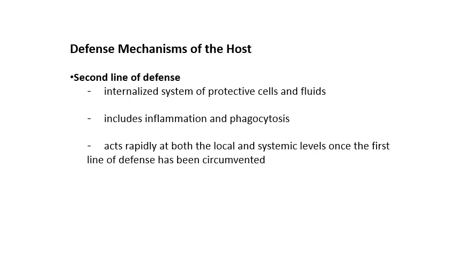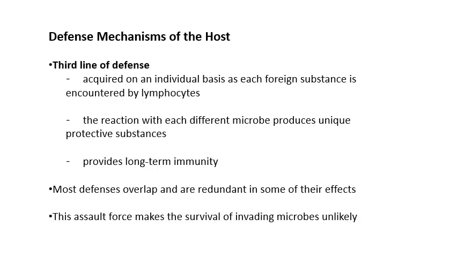So this is once something has crossed over that first line of defense and entered into the body, then it's going to encounter your second line of defense, which are just general responses to pathogens inside the body. And then the third line of defense, again, an acquired or adaptive immune response, where your cells are learning about that particular pathogen and mounting a specific defense against it.